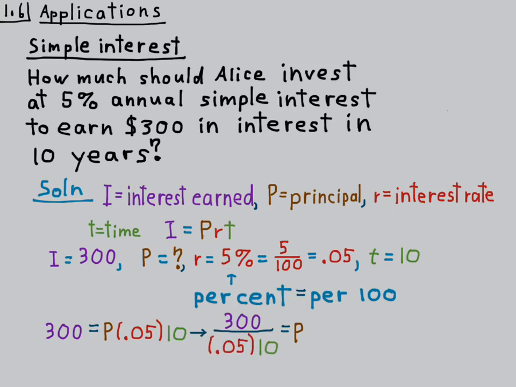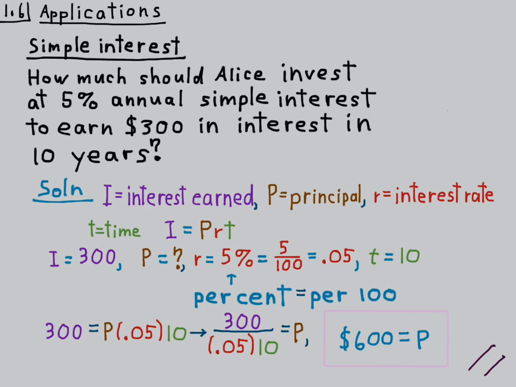And I just cross-multiplied here. I took this 0.05 and put it down there, and the 10, put it down there. You multiply that out, and you get $600. Then what you want to do is look for reasonableness. Does that seem reasonable?